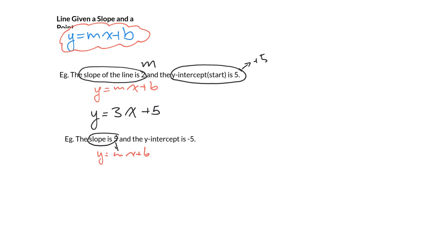That is our m value. So we can write y is equal to 5x. Now it says that our start value or y-intercept is negative 5, so we're going to write minus 5 as our b value. And that is how we come up with our basic equations.